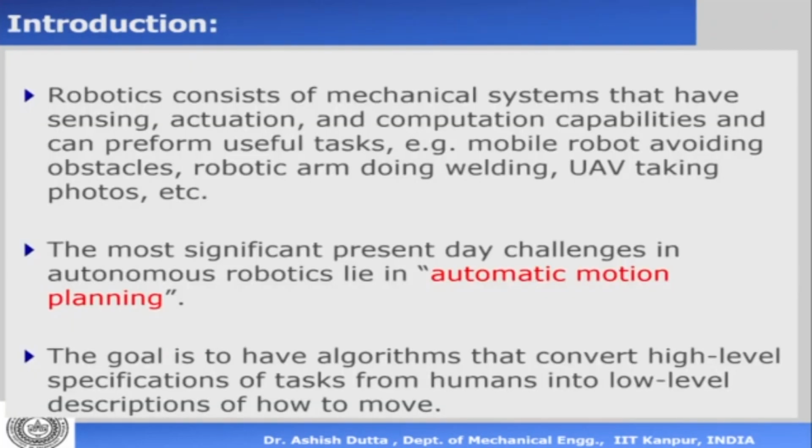Okay, we are talking about robotics and robot motion planning. So a robot basically, or the subject of robotics, consists of mechanical systems that have sensing, actuation, and computational capabilities and can perform different tasks. So it can be a group of robots, it can be one individual robot. Okay, now mobile robots avoiding obstacles, robotic arms doing welding, UAVs, unmanned aerial vehicles, taking photos, they are all under the area of robotics.